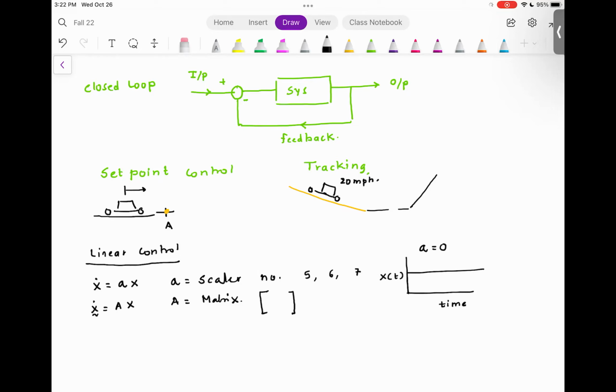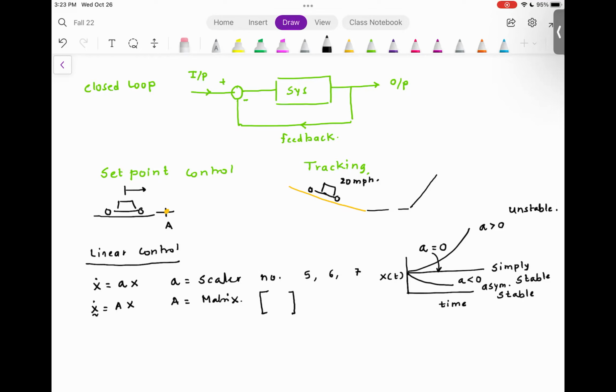When A is less than 0, then your response is like this. And if your A is greater than 0, this is how the response is. So when A is equal to 0, the system is simply stable. A is less than 0, system is asymptotically stable. And A is greater than 0, the system is unstable. Are you with me so far?